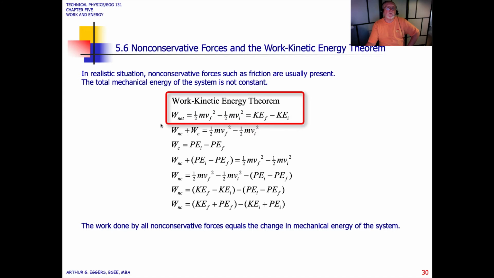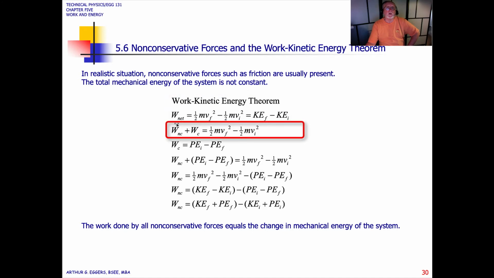If we also look at work conservative and add the non-conservative to it, both conservative and non-conservative, we end up with the same equation, 1/2 mv final squared minus 1/2 mv initial squared.